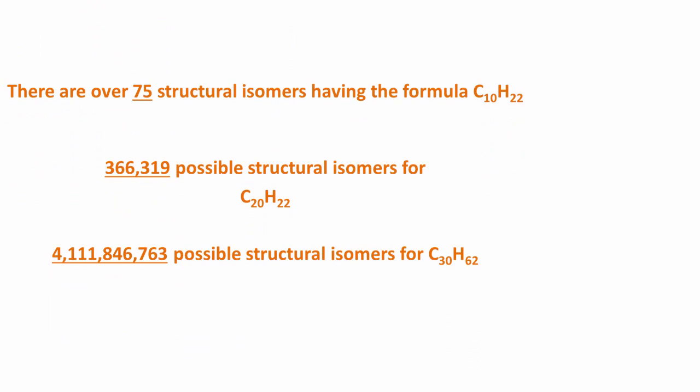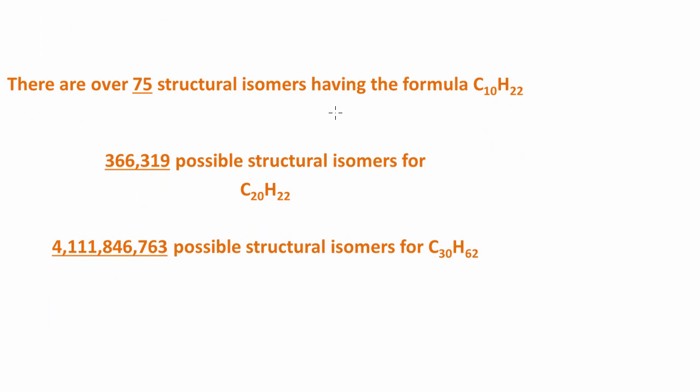Just for your information, there are over 75 structural isomers that have this formula. From this alkane here, by the way, this is called decane, you can draw 75 isomers from this molecular formula. Does that mean that all 75 exist? No. But these are possible compounds or structures. For something that has 20 carbons, we can draw 366,000 possible isomers.